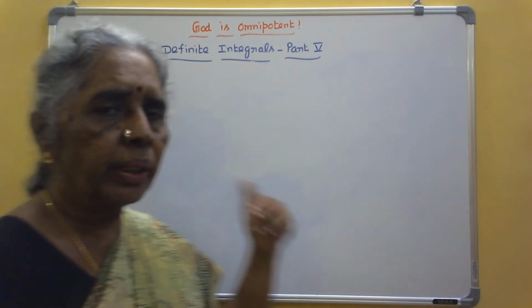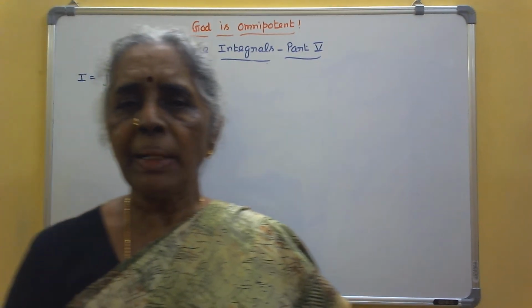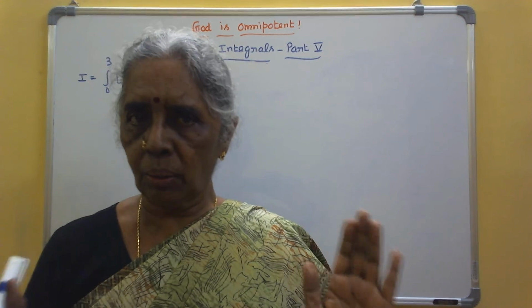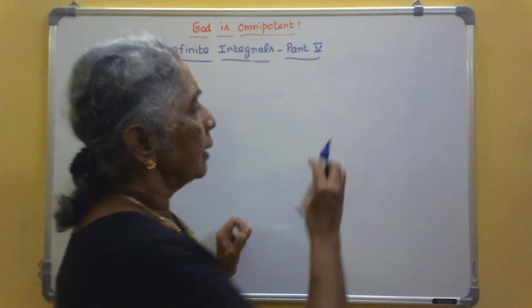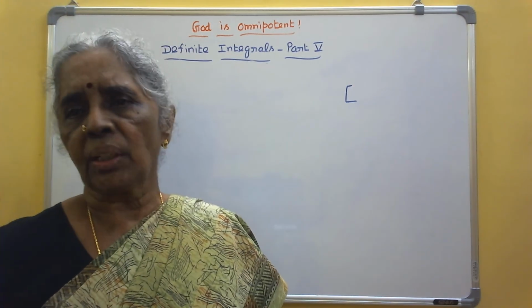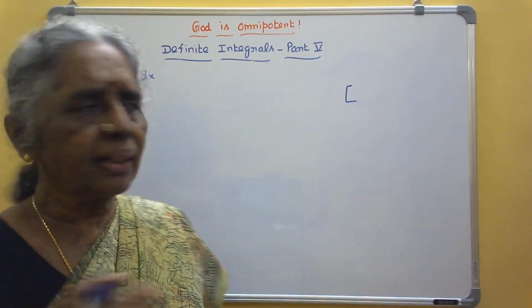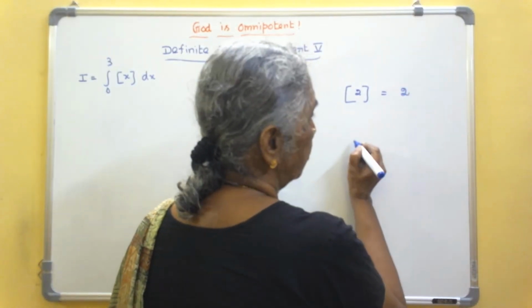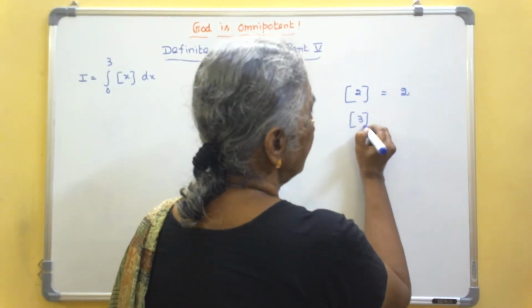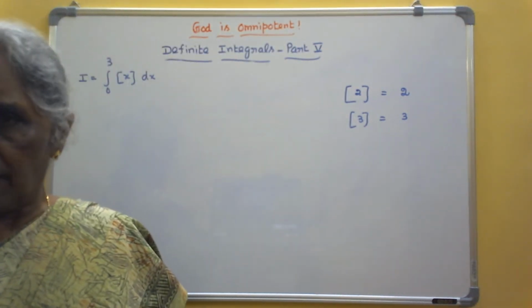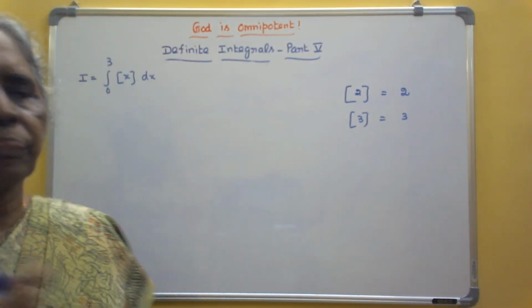First of all, before going into the sum, let me recapitulate what the greatest integer function is. If you consider an integer, it is very easy. The greatest integer of 2 is 2, and of 3 is 3, because it is already an integer, you get that value.